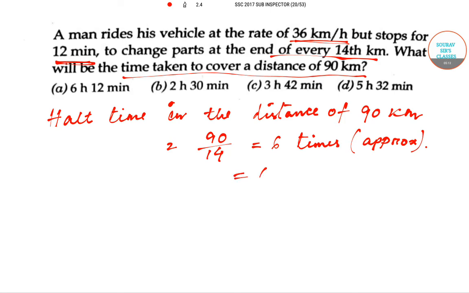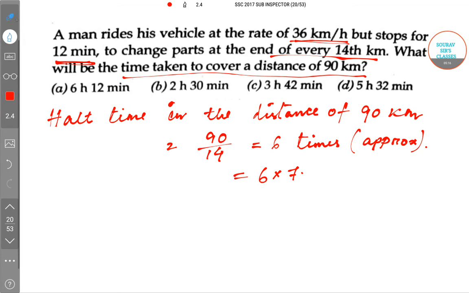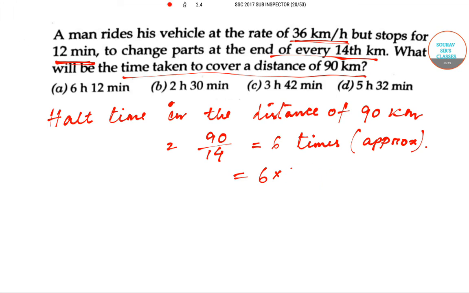That is equal to 6 into 12, that is equal to 72 minutes.